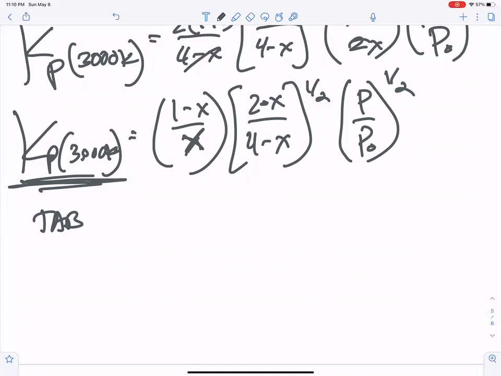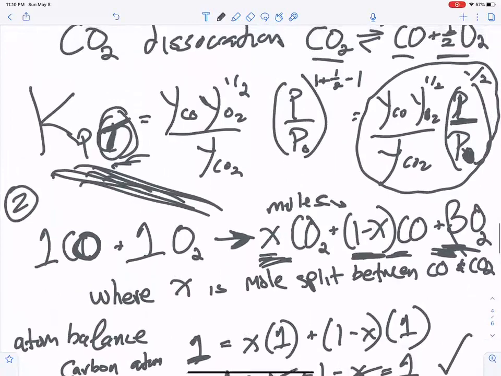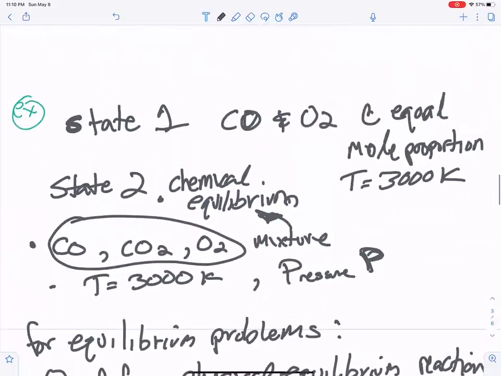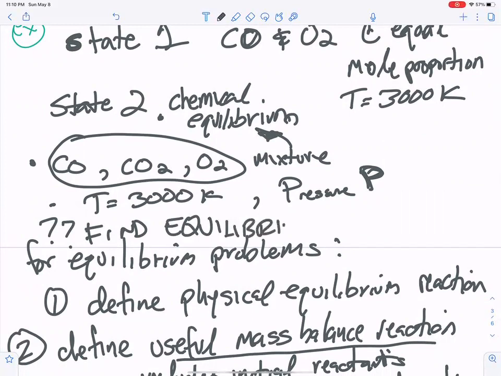And we don't really need the Gibbs free energy tables either, because what I should have specified here is the question: find equilibrium mixture concentrations. That's what we're trying to do.